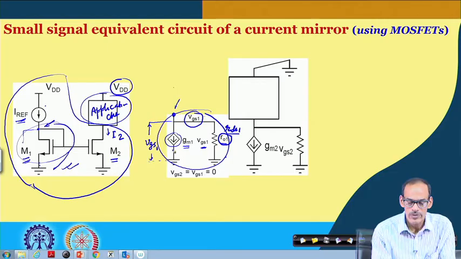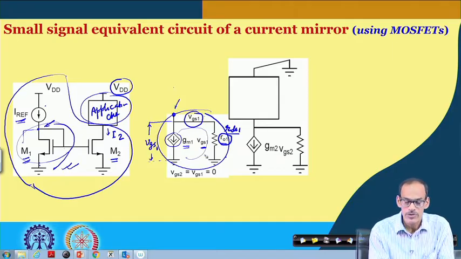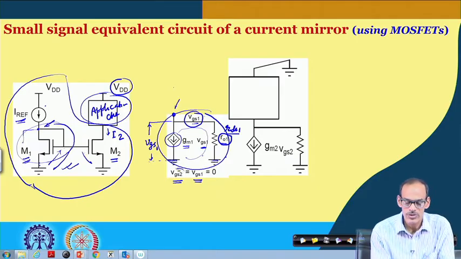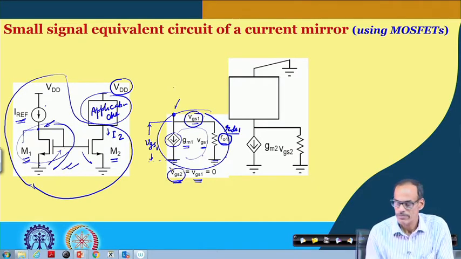If I consider this loop, it has a solution only when VGS1 equals 0, mainly because this side as well as this side are connected to ground. That makes VGS1 equal to 0, and incidentally VGS1 and VGS2 are equal. So that makes VGS2 also equal to 0.